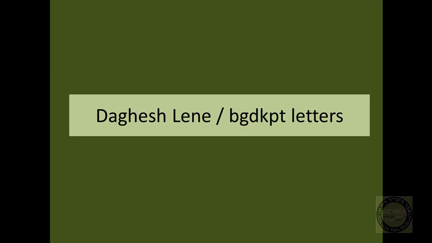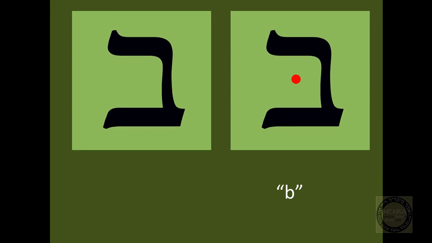A few words on the dagesh lene, which is my term for the hard dagesh, and the begad kefat letters. So certain letters will have this dot in them. We have here with the dot b, bet. Without it, of course, we have a v sound.